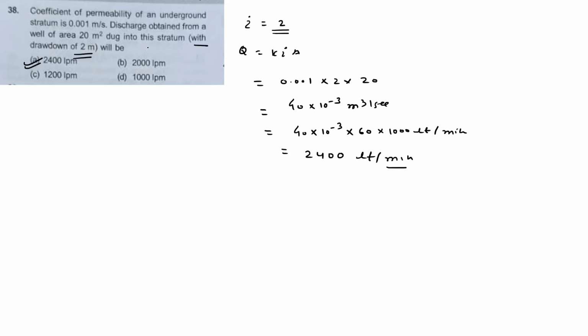That is, drawdown is nothing but the head loss per unit length. So head loss per unit length, actually this is the drawdown. So this is 2 meter drawdown.